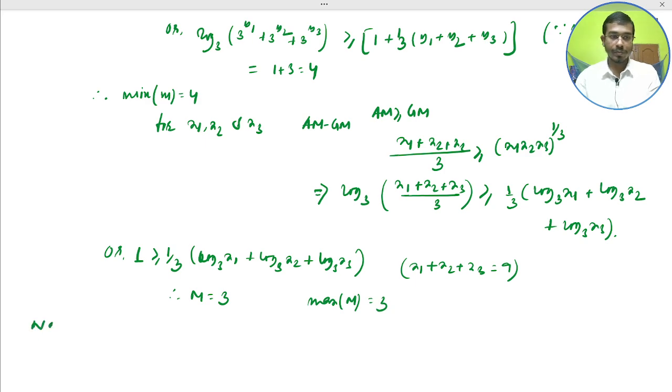So now our given value, log base 2 of m cube plus log base 3 of m square, we have to find.